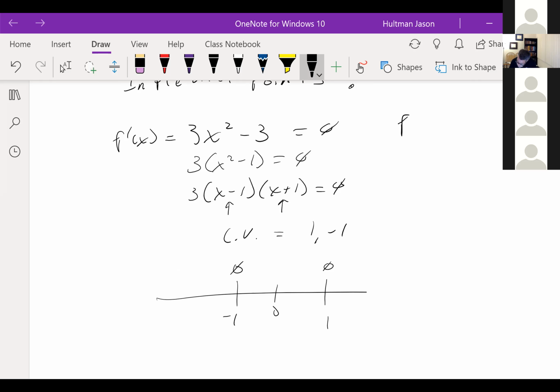Well, what's the second derivative? Let's take the second derivative of this thing. Well, that's just 6x. So what's f double prime of negative 1? Isn't that negative 6? And negative 6 is a negative value, which tells me that it is a frown, which means that it's concave down.